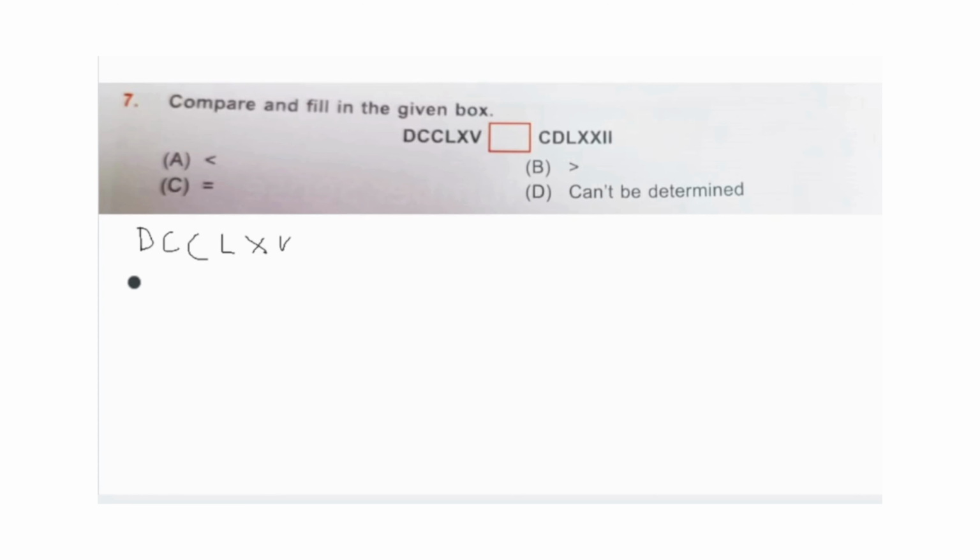The value of D is 500, and C is 100. Then again you have C, which is 100. Then you have L, which is 50. After L you have X, which is 10. And then you have V, which is 5.